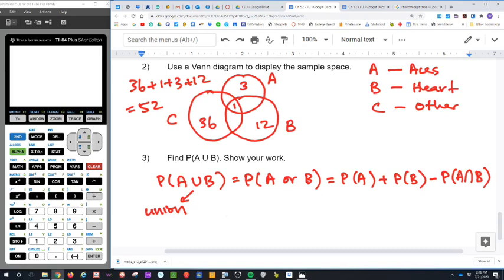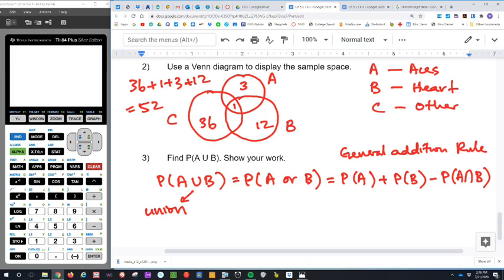So when you want to find event A union B, there is a formula that we have to use. We call that the general addition rule formula. So it's probability of event A plus the probability of event B minus the probability of event A intersect B. That symbol, inverted U, is called intersect.